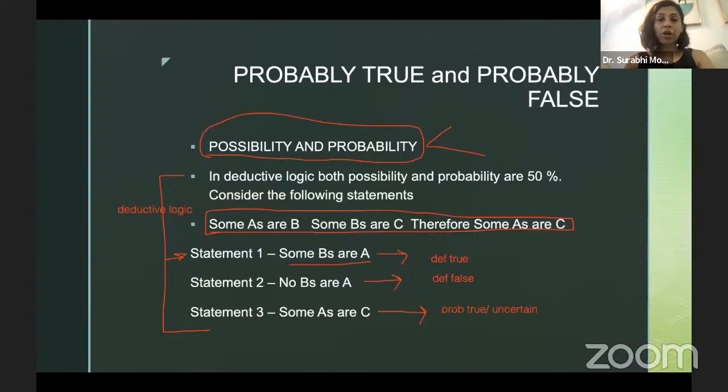What is the probability of A being C? I'm waiting for some answers to come in. The probability of A being C is, can I say, is 50%?